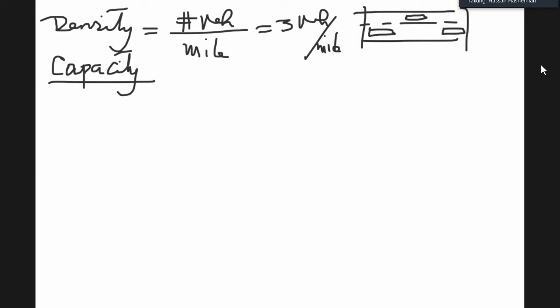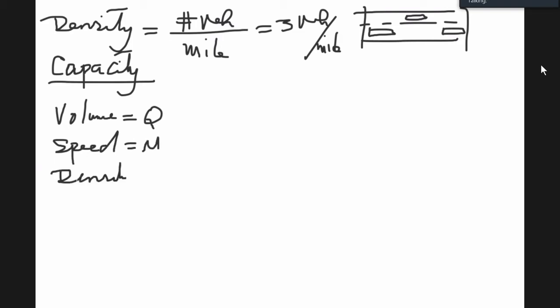Now there's a relationship between these. If I call volume Q, and speed mu, and density K, if I have those initials for each of them, I'd like to see what the relationship between them is.